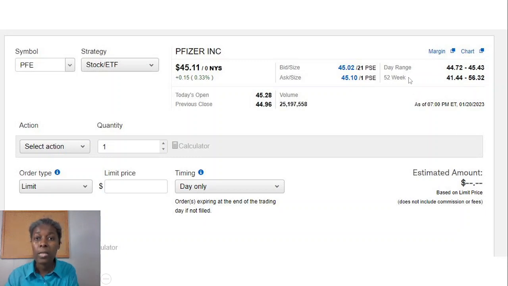If you think it will continue to go down, you can set the day lowest range price or lower. That way when the market opens, if the price drops to that level, you'll be able to buy it for you. But if you are willing to buy because you know it will go up, you can set it relatively close to the price it last sold, and maybe a little bit below that.